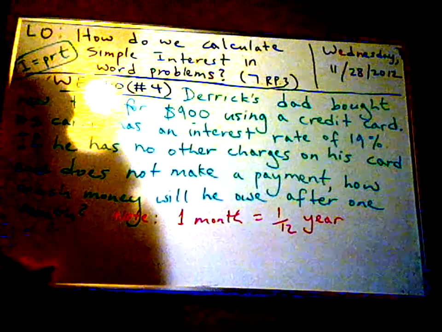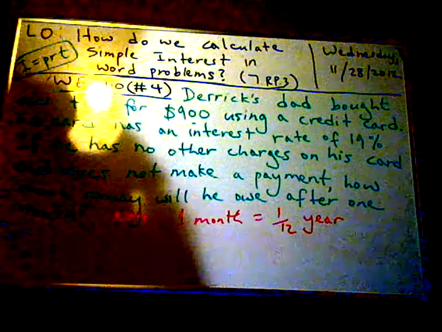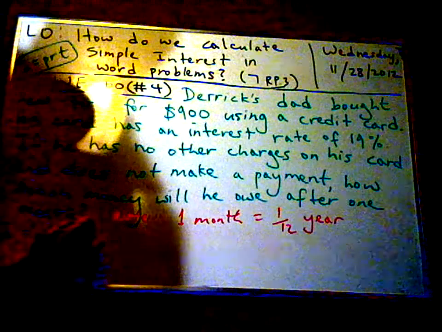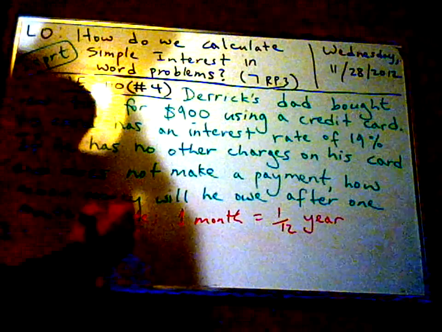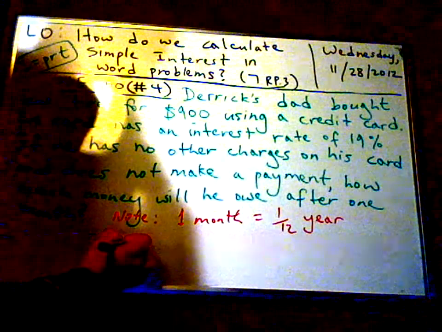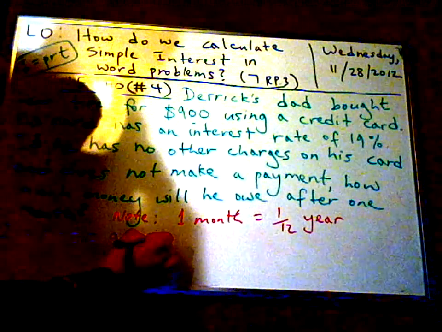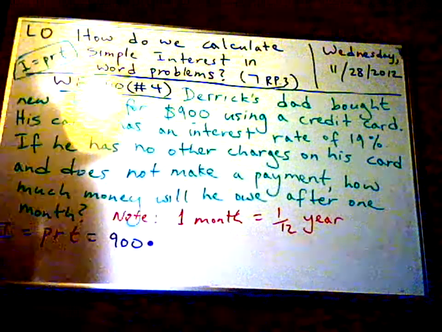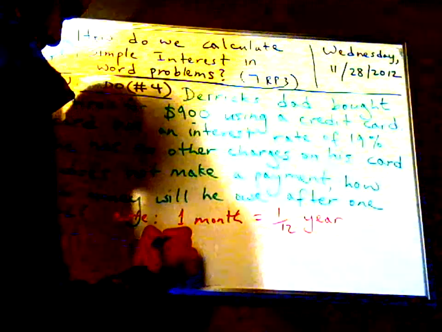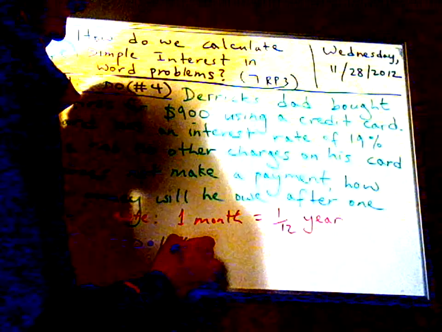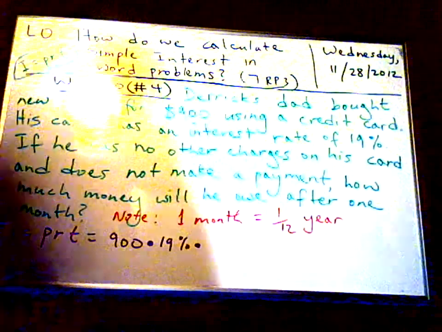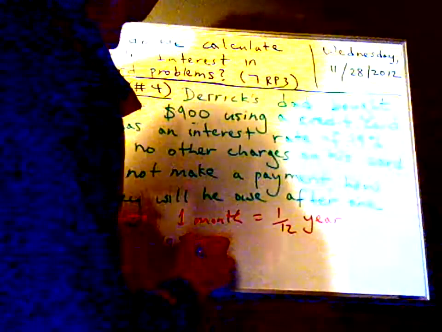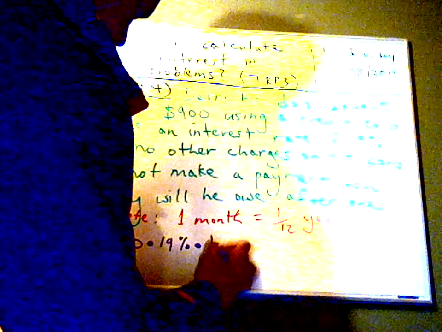The simple interest is PRT. Principal here would be 900. The rate is going to be 19%, and the time is 1/12 of a year.